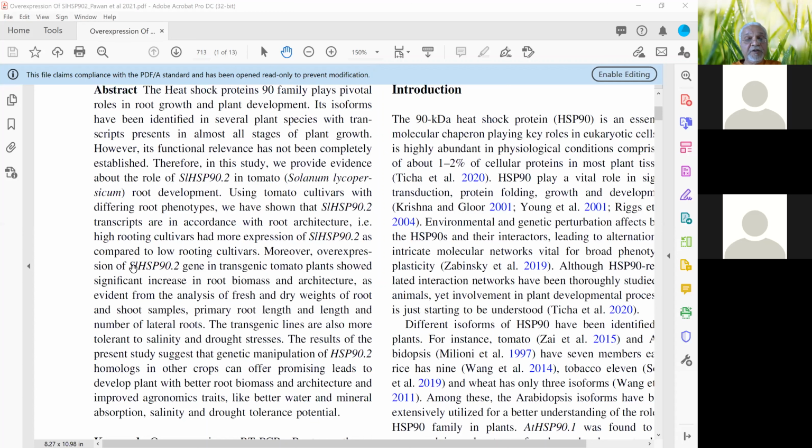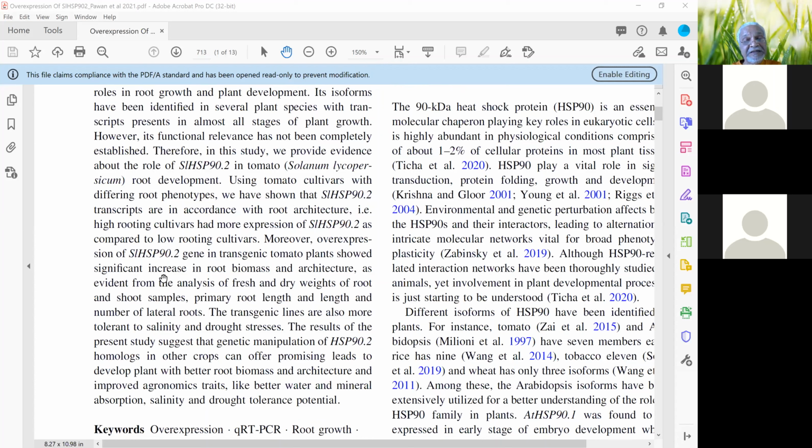Moreover, overexpression of this gene in transgenic tomato plants showed significant increase in root biomass and architecture, as evident from the analysis of fresh and dry weights of root and shoot samples, primary root length and number of lateral roots.